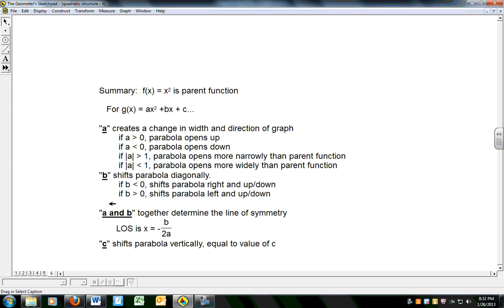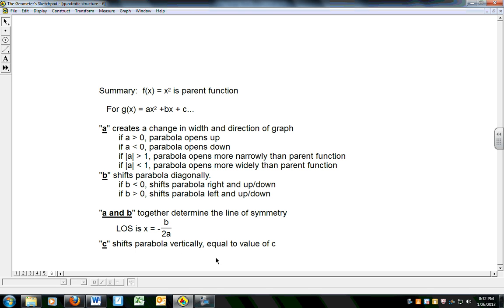Okay, and so the line of symmetry, as I said, is an x line. It is a straight up and down vertical line, and it's the opposite of the b value divided by twice the a value. Okay, and c, as we saw early on, shifted that parabola vertically equal to that value of c.